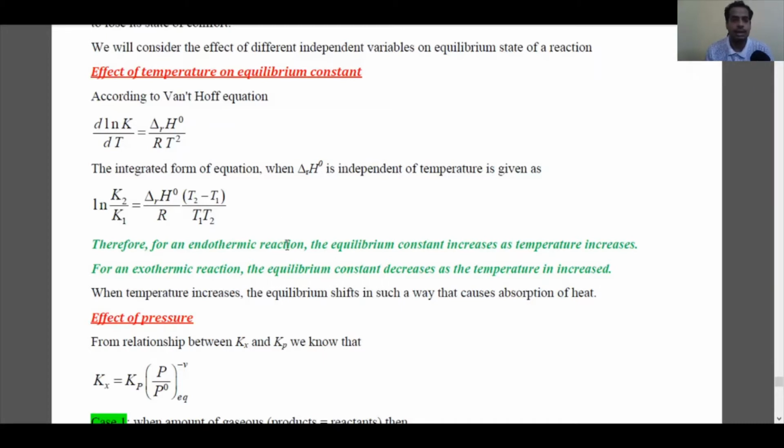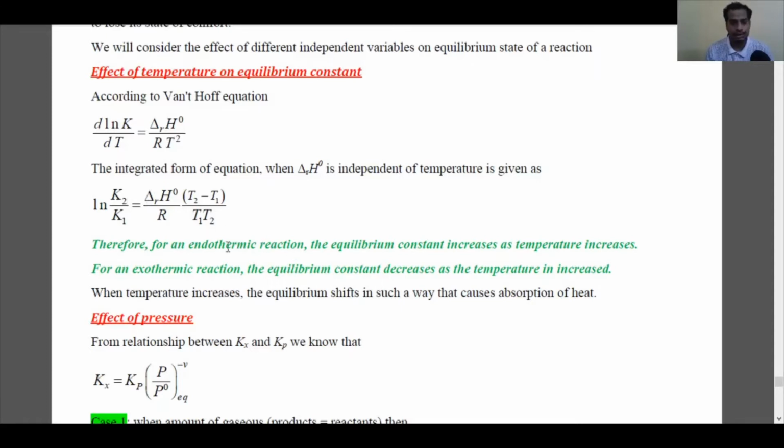Now first let's understand the first case. Suppose there is an endothermic reaction. Endothermic reaction means ΔrH° is positive. So if we increase the temperature for an endothermic reaction, ΔrH° is positive and T2 is more, so this whole right hand side will be positive, so my K2 will be more.